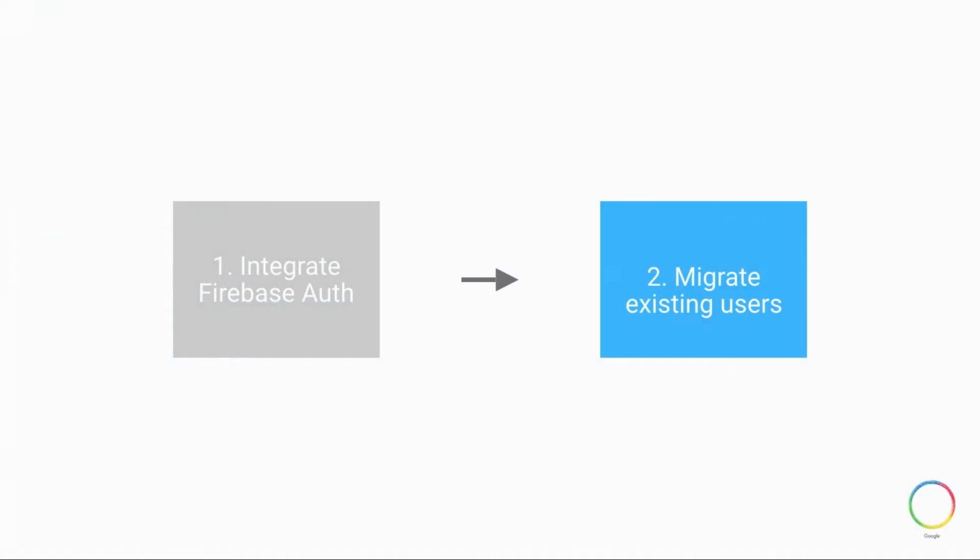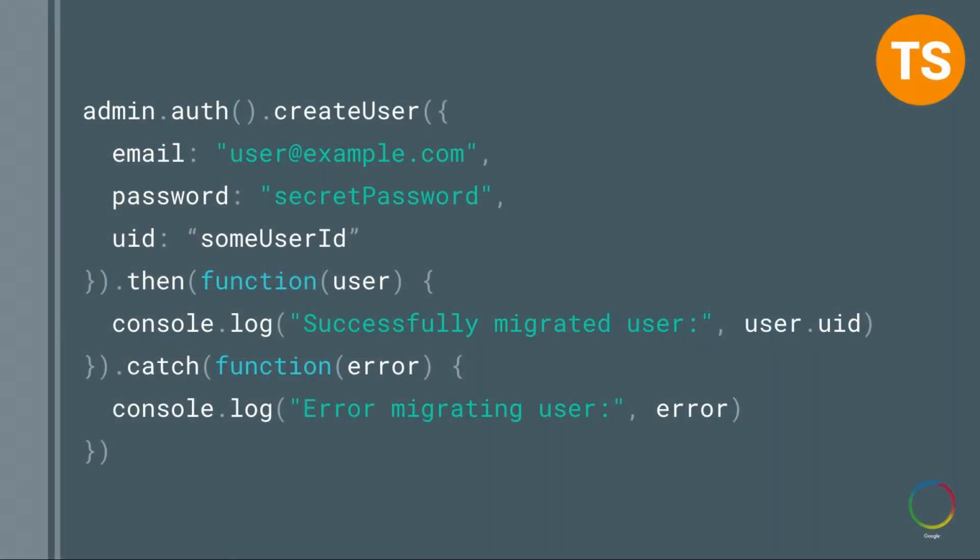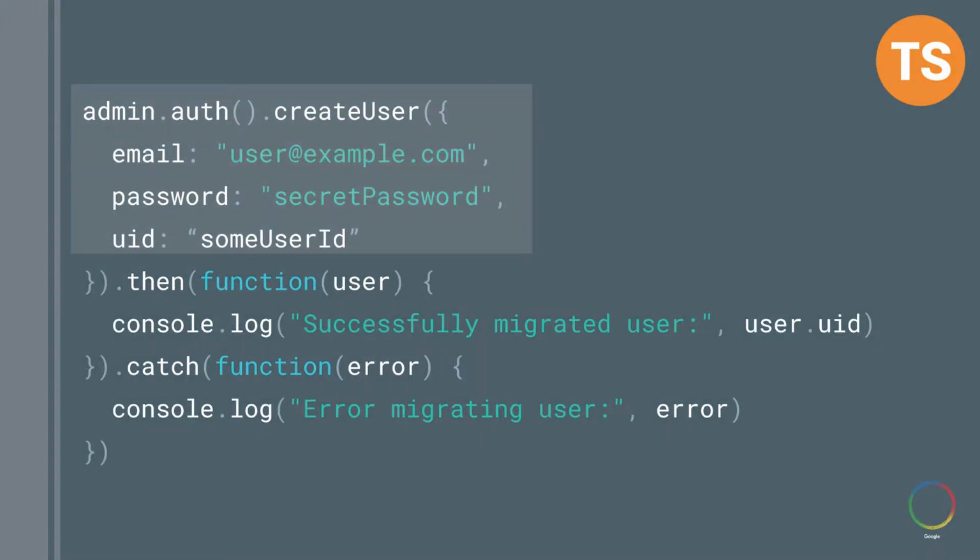And next step, of course, we want to migrate our existing users to Firebase so that they can continue using our app. We use the Firebase Admin SDK for this step. What we have to do is to pass our existing users' account information, namely their username, their email, and password to Firebase, and then it will create the Firebase users corresponding to these current users for you.